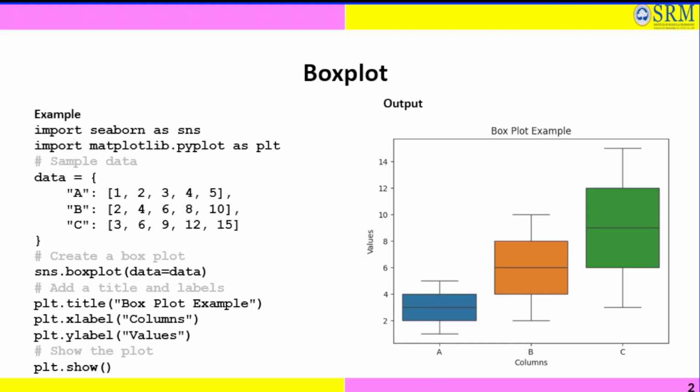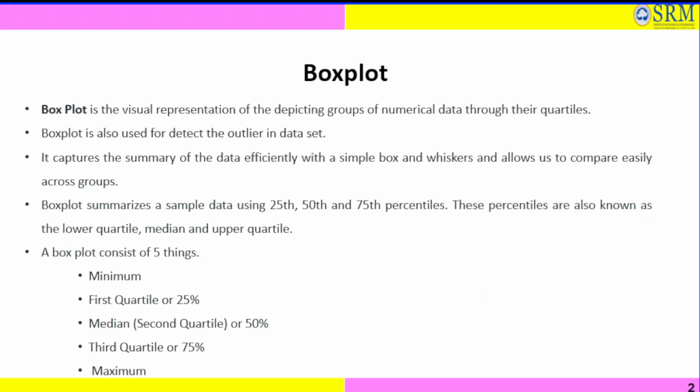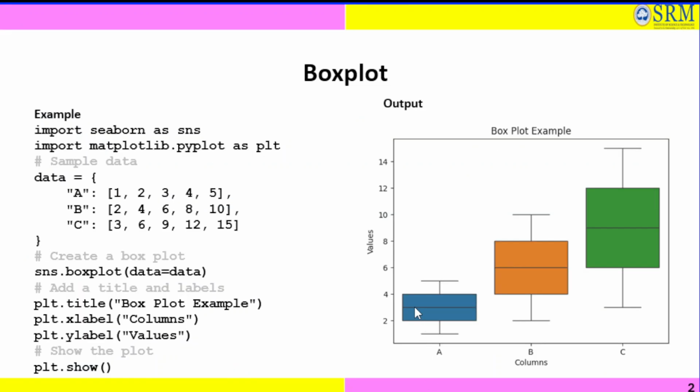We'll see what the first quartile, second quartile, and so on are. It divides the data into four equal parts, with the first quartile representing 25% of the data, the second quartile representing 50%, otherwise called the median, and the third quartile representing 75%. So this is our median, and 25, 75.